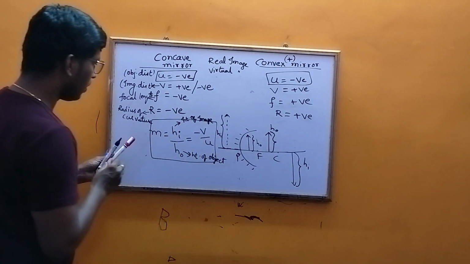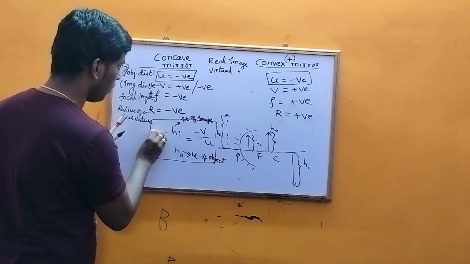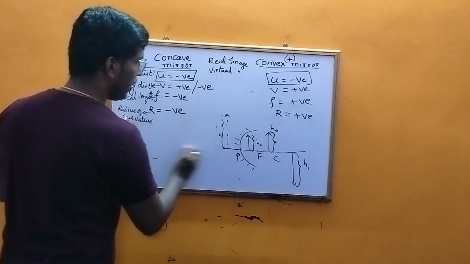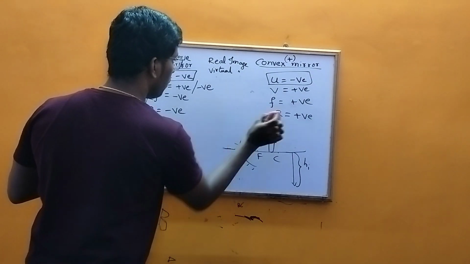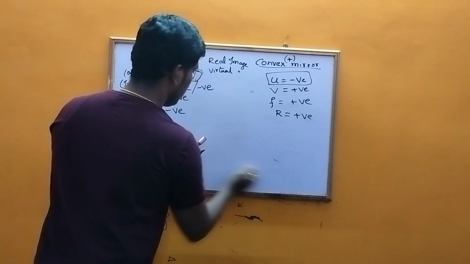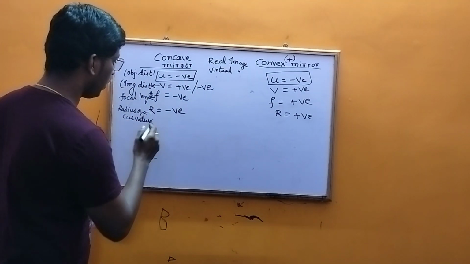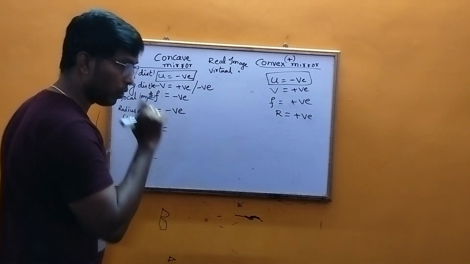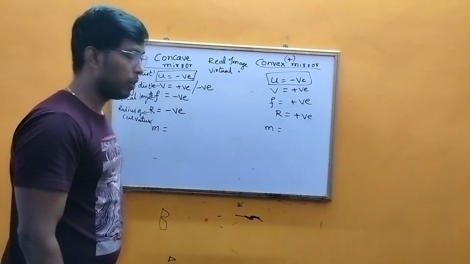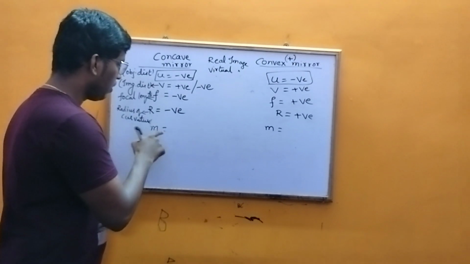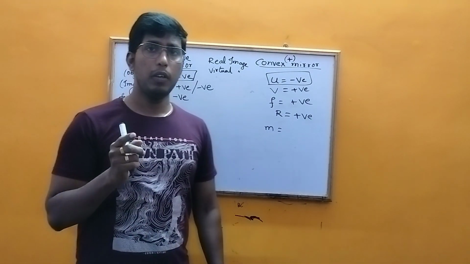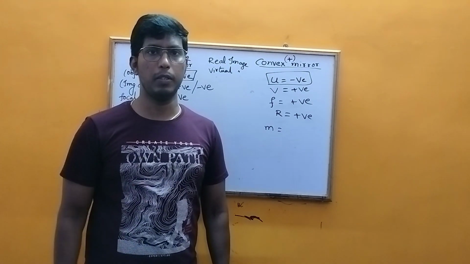Now, another term is magnification. One more term we have learned: magnification M value, M for concave mirror and M for convex mirror. We have seen that a concave mirror forms real images and virtual images.